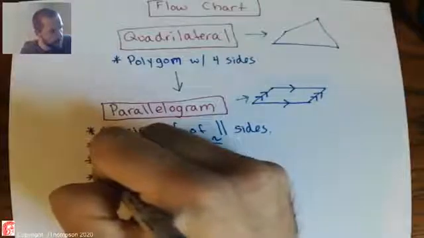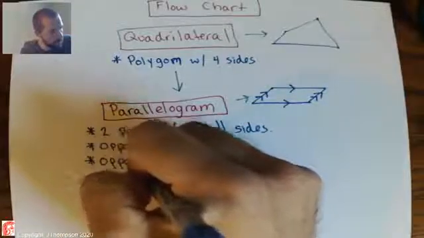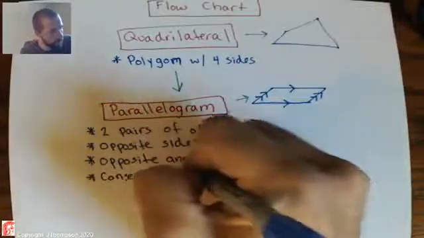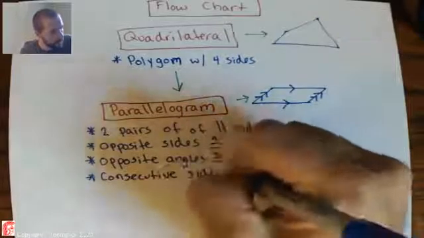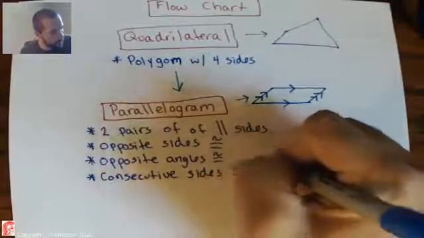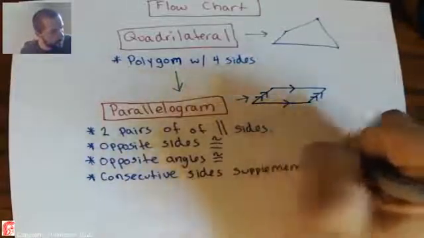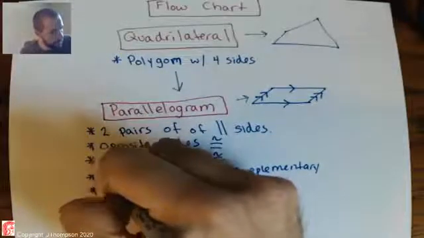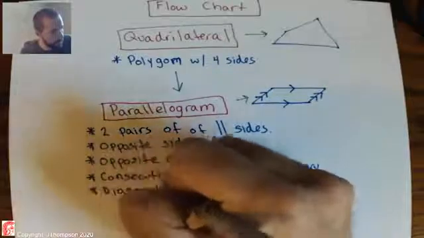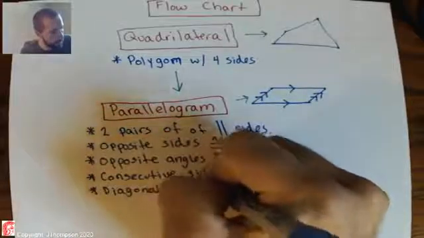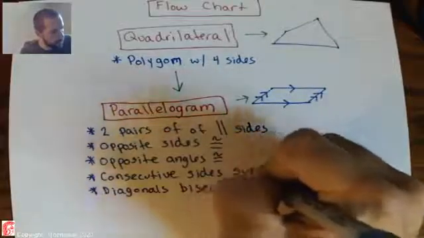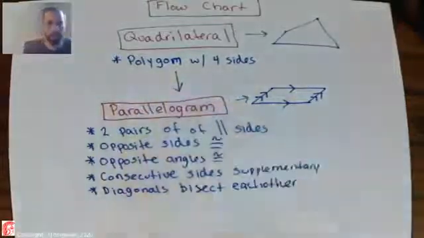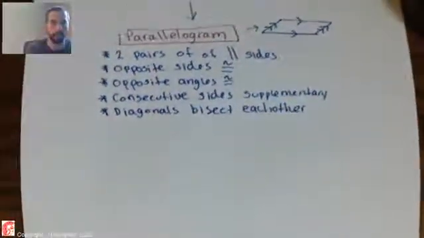Consecutive angles are supplementary. And then the diagonals bisect each other. Okay, and then in the previous video, you can see exactly what those look like.